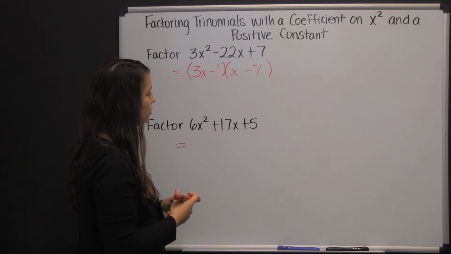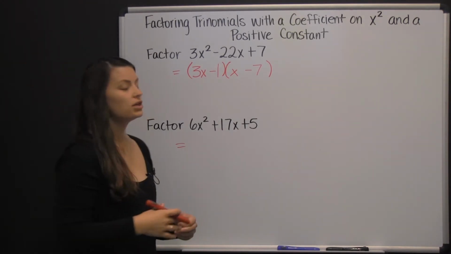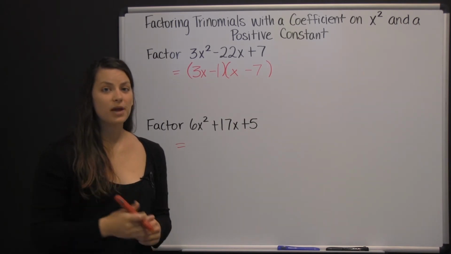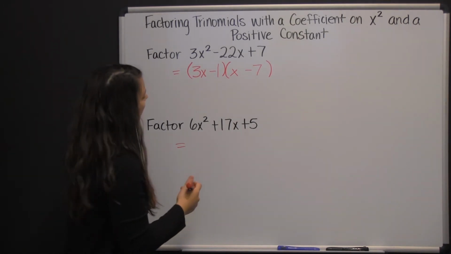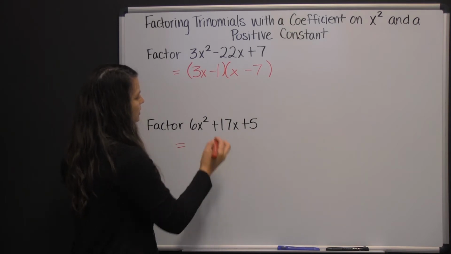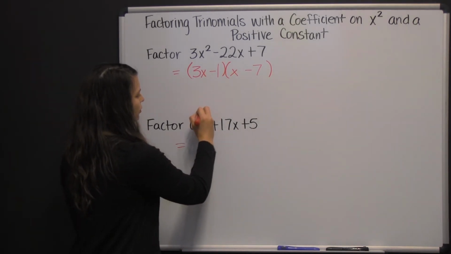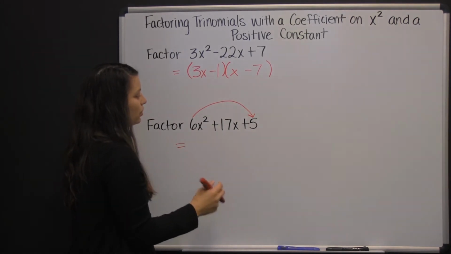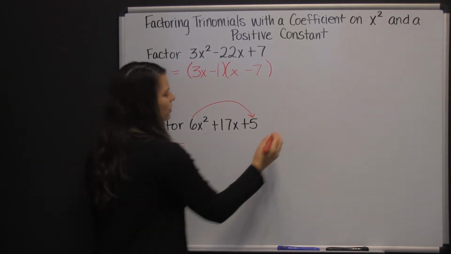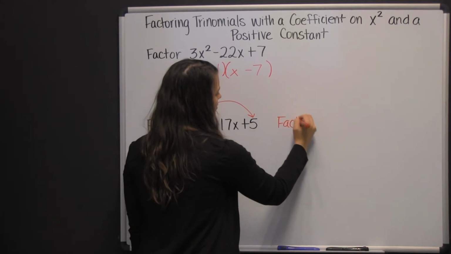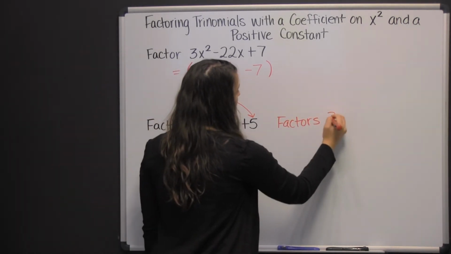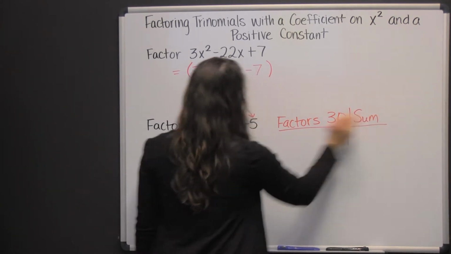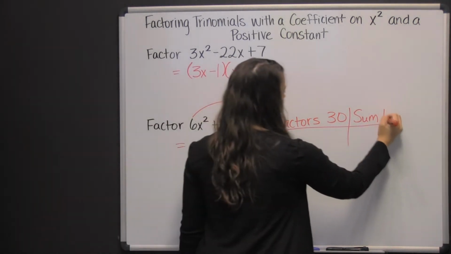So I want to show you a method that you can use to avoid having to guess and check. And that is to factor by grouping. The first thing you would do is multiply your first term times your last term, 6 times 5, which is 30. And now you're going to find the factors of 30 that have a sum of your middle term 17.